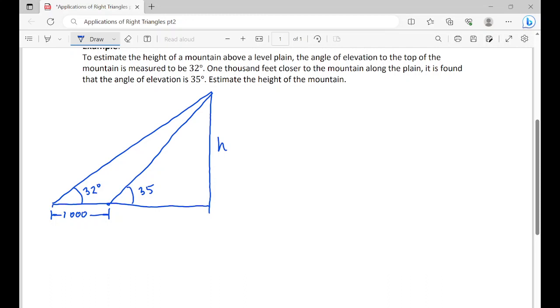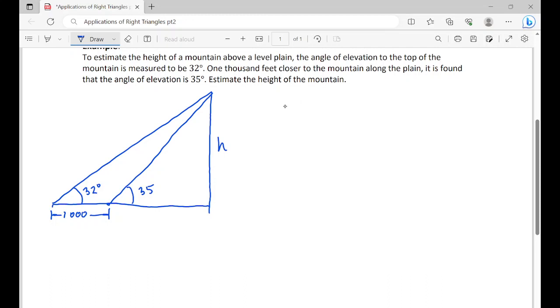So how do you do it? Well, knowing that this is my angle measurement I'm looking at from here, I have a height, and I also have the distance, somewhat, running along here. So I have an opposite and an adjacent. When I think opposite and adjacent, I think tangent.